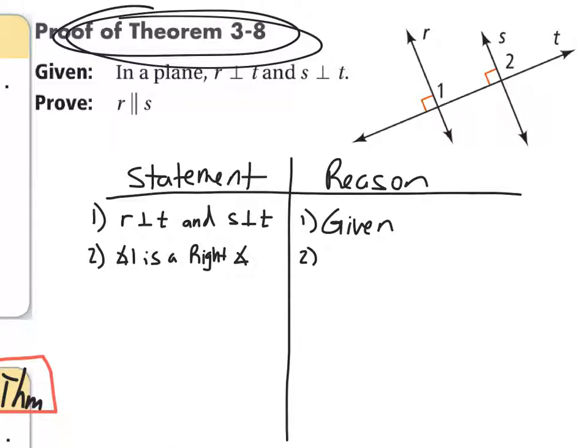Which one? Angle 2. Angle 2 is a right angle. All right, this is from the definition of perpendicular lines.